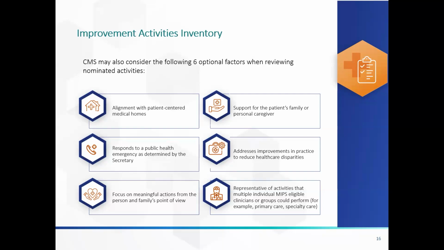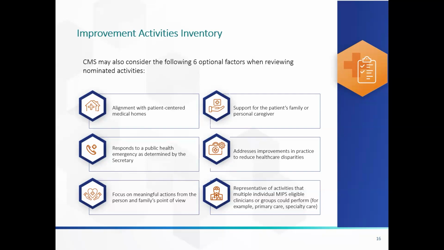Feasible to implement, recognizing importance and minimizing burden, including, to the extent possible, for all small practices in rural areas or in areas designated as geographic health professional shortage areas by the Health Resources and Services Administration, or HRSA.